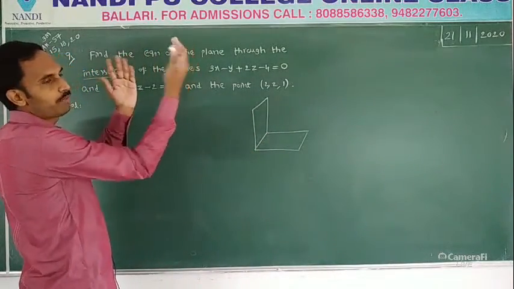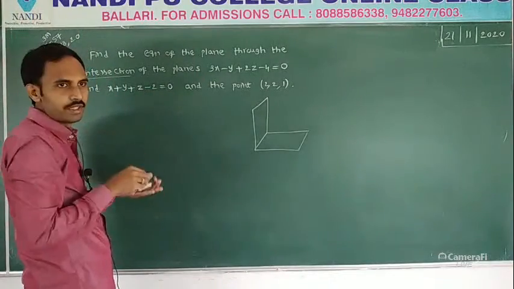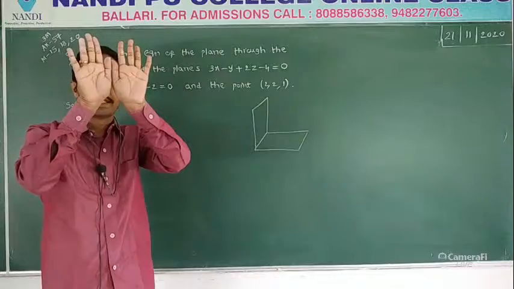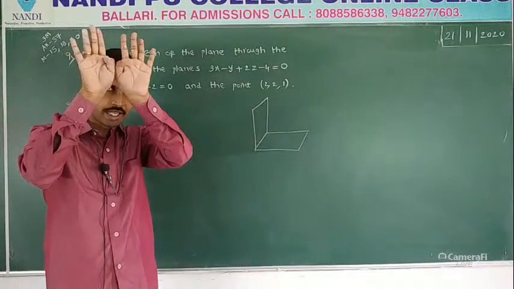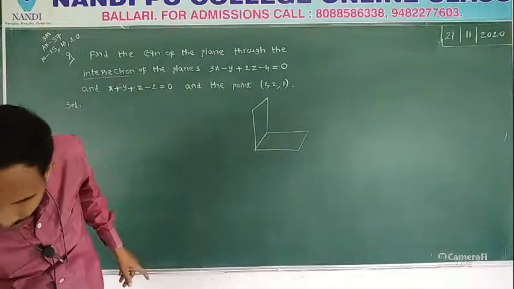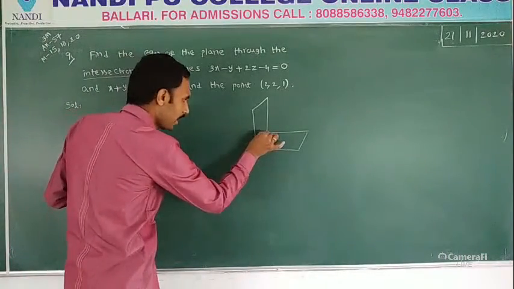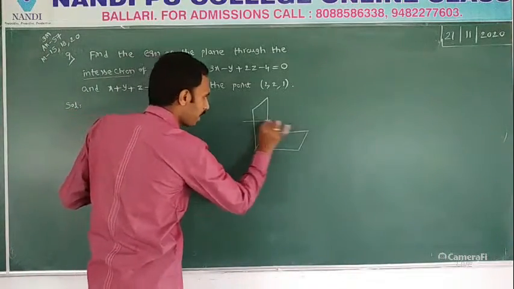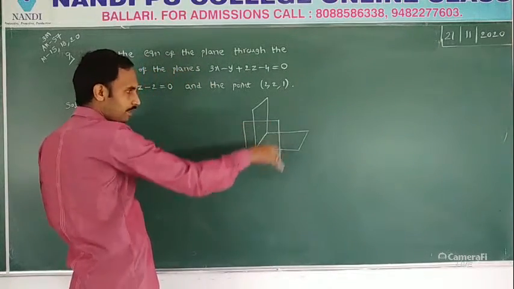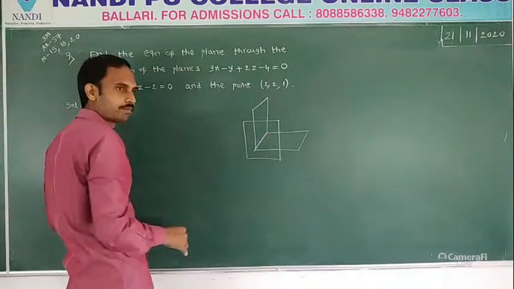A line is formed. So, what is the plane passing through that intersection of these two planes?